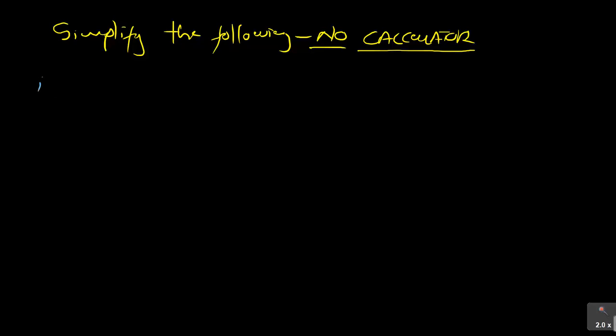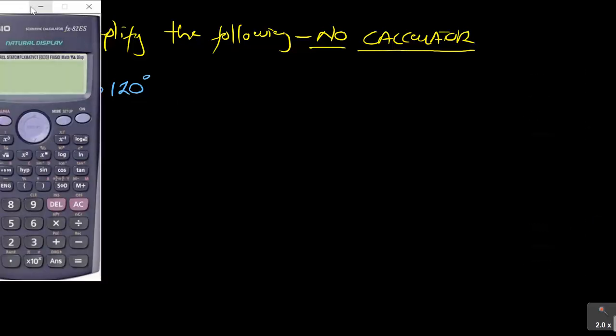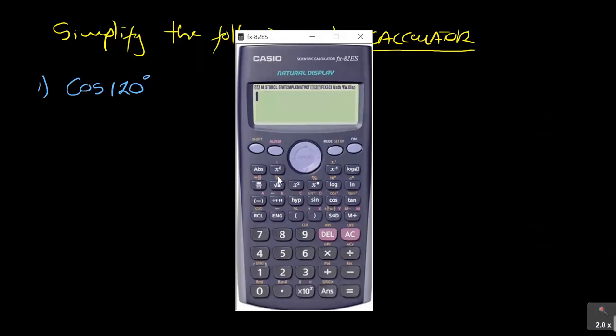For example, we are looking at cos 120 degrees. We are supposed to simplify that without using a calculator, but as I always tell students, when they say don't use a calculator, the first thing you need to do is take a calculator and check what answer you get.